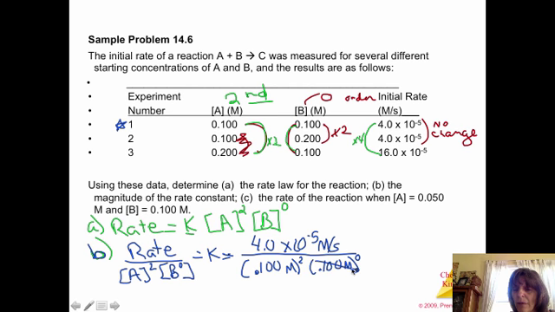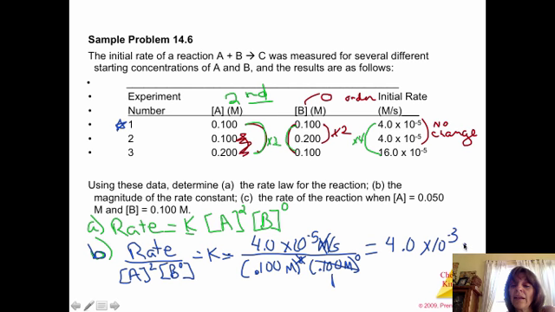This cancels out because 0.100 raised to the 0, anything raised to the 0 equals 1. So if you do the math, I believe you get a K value of 4.0 times 10 to the negative 3rd. Now what units will you have here? You have molarity squared in the denominator and molarity per second in the numerator. So I believe one of the molarities is going to cancel out in the numerator and denominator.